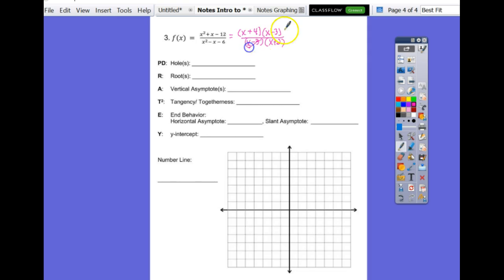The x minus 3 cancels. So I got, what? 7, 5.